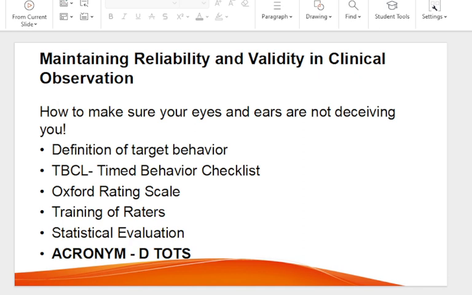Now, there's also something we know as the TBCL, the Time Behavior Checklist. It's a pencil and paper approach developed by Paul in 1966. This checklist enables you to make ticks or marks, where each tick or each mark represents the duration and the frequency of the target behavior.